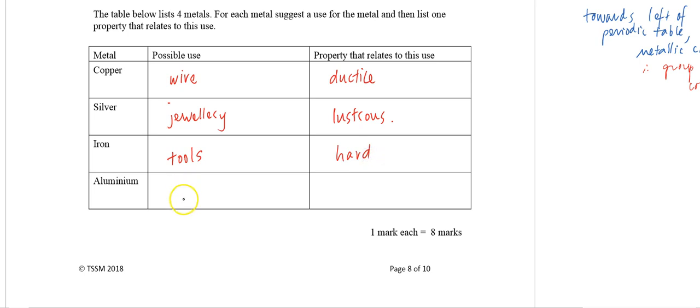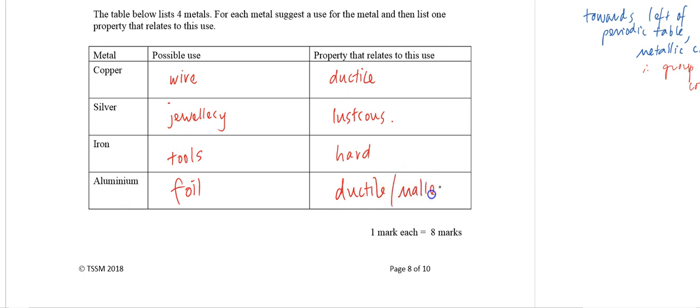And aluminium, we use it for, let's say, foil. We use aluminium a lot as aluminium foil because it's malleable, so you can roll it out. Oh, sorry, it's also ductile. Because it's ductile, you can roll it out into thin sheets.